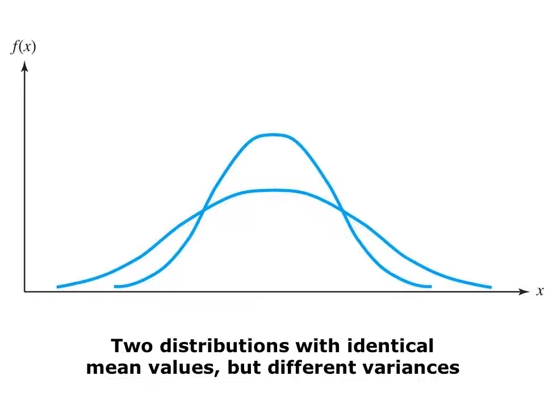One is much broader, much wider, with larger variance. Notice also that the one that is narrower has a higher peak. The reason is that the total area under each of these curves must be 1. So that means that the peak will have to be lower when you spread a distribution out wider.